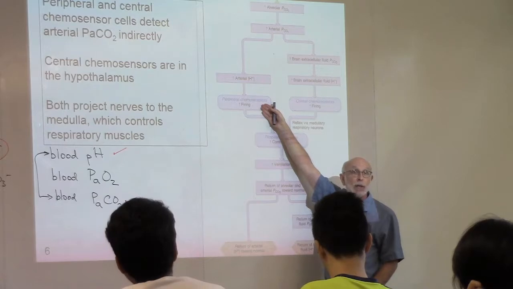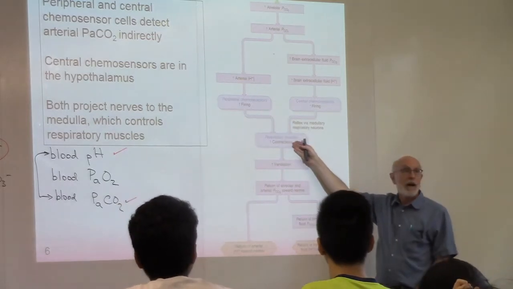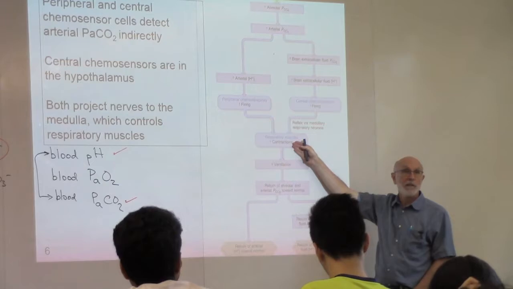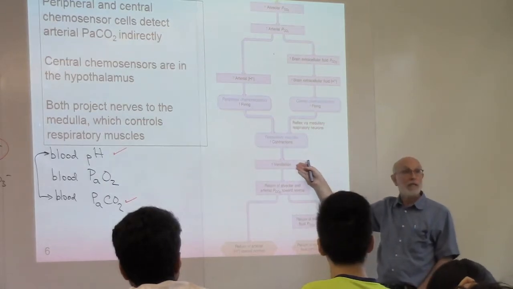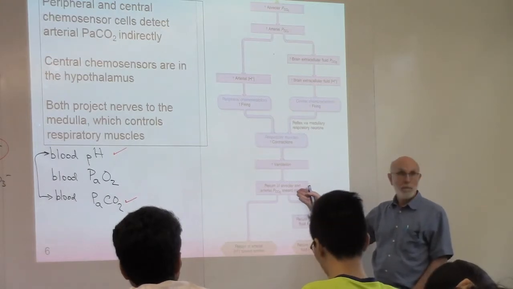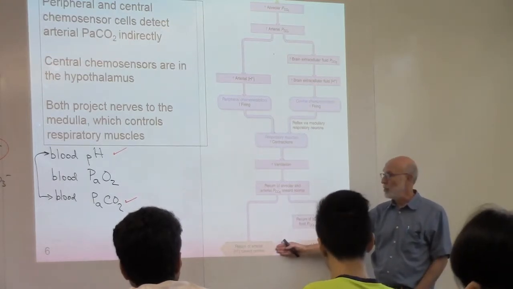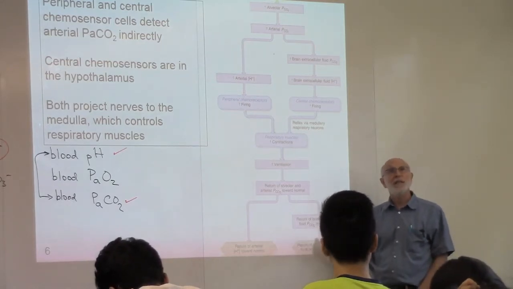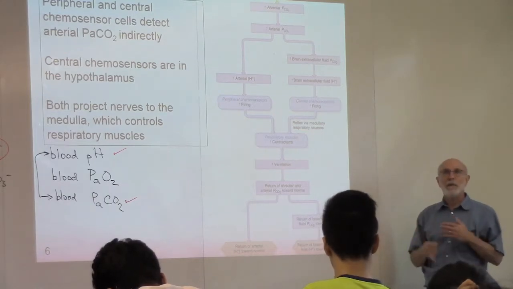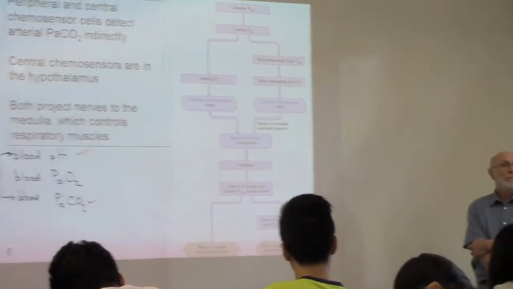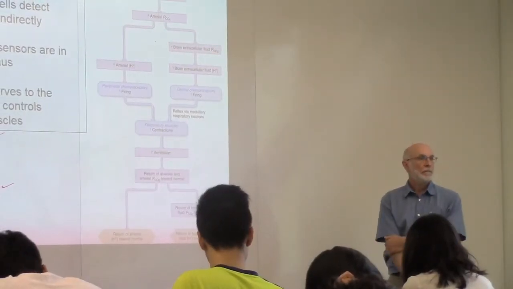Increased firing of input leads to increased firing of the output neurons that innervate the diaphragm and the external intercostals, leading to increased ventilation, trying to return PCO2 to normal, which returns pH to normal. This is respiratory compensation for respiratory acidosis, homeostasis.